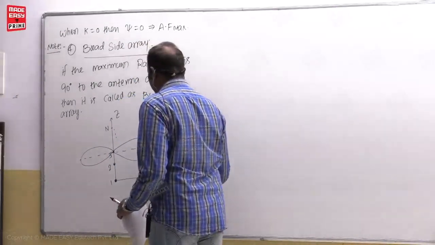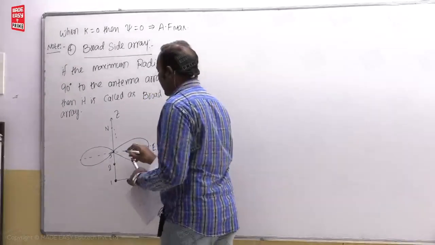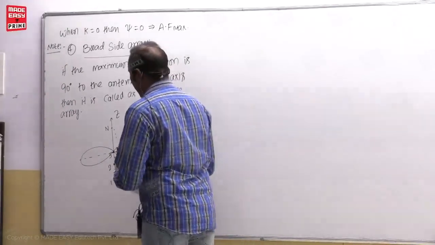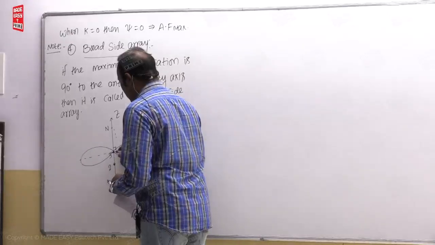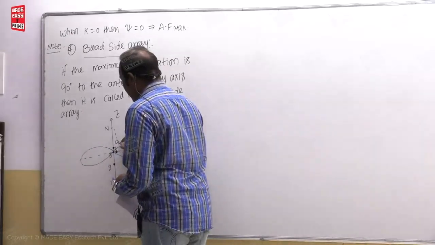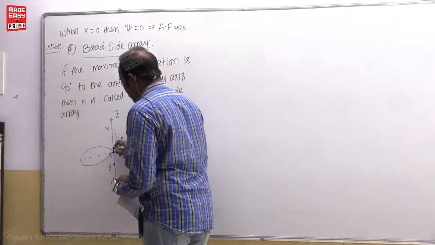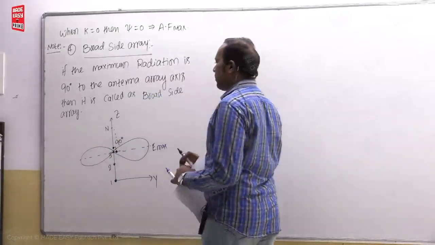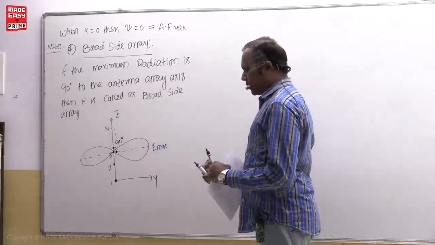So electric field is maximum, which makes exactly 90 degrees to the array axis here. Then it is called broadside array. That is the definition of that one.